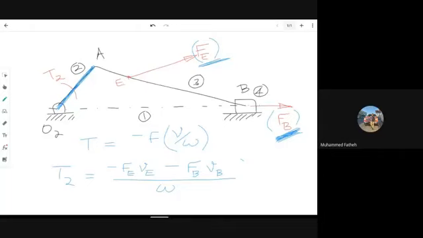So we have only one omega value. This is how we write the equation of principle of virtual work for this particular question.